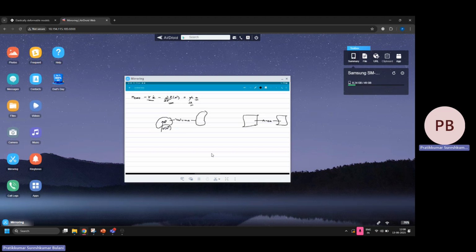Then let me give a very small perturbation to it. Let's call that perturbation R of A plus delta A. This is a very small perturbation.